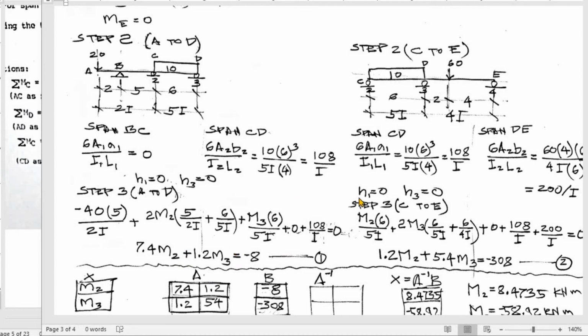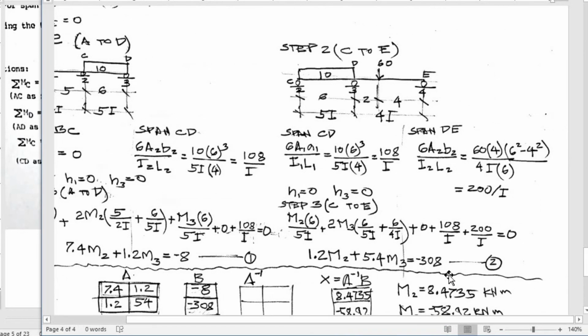Now, let's proceed to the other beam, C to E. So, you do the same procedure. Meron tayong 6A all over L dito sa span CD, which is 108 all over I. Tapos, sa span DE naman, so that is PA all over L times L square all over A square.